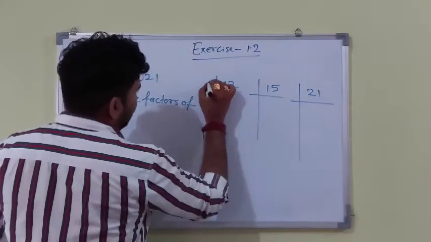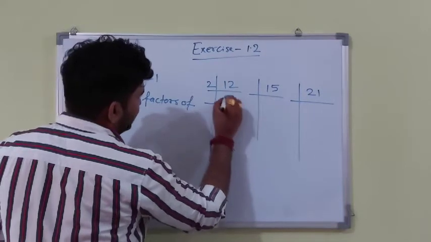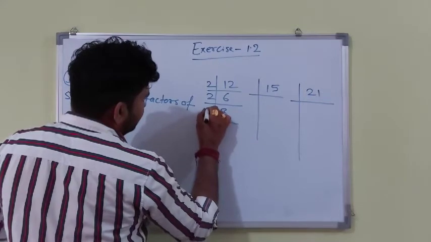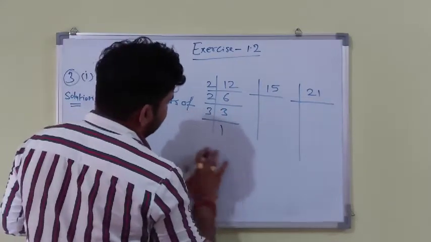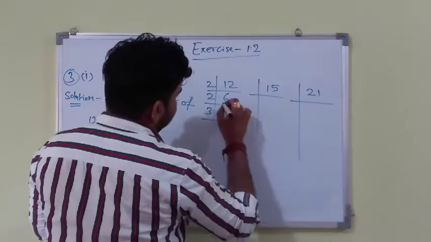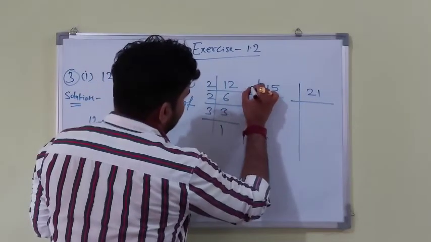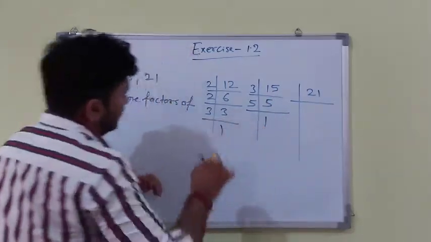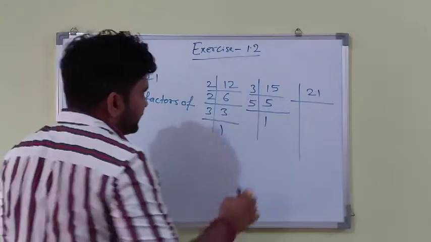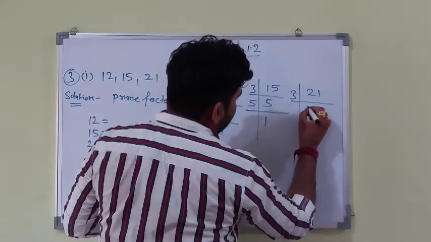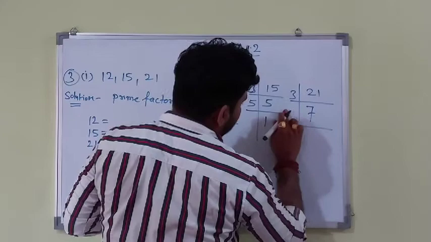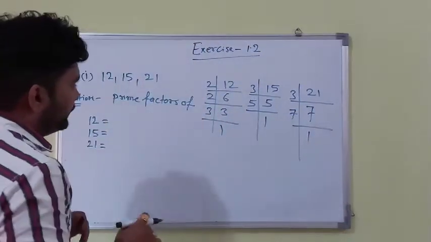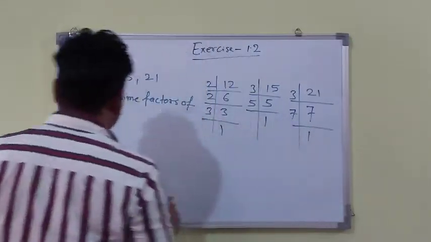The prime factors of 12: 2 6s are 12, 2 3s are 6, 3 1s are 3. Prime factors of 15: 3 5s are 15, 5 1s are 5. Next, 21: 3 7s are 21, 7 1s are 7. Okay, these are the prime factors of these three numbers.